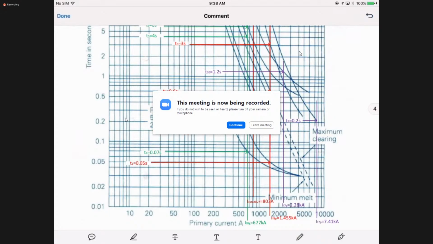So when the fault occurs, the fast one will open because there is a ground. It will open at 0.07 second for this ground fault level.